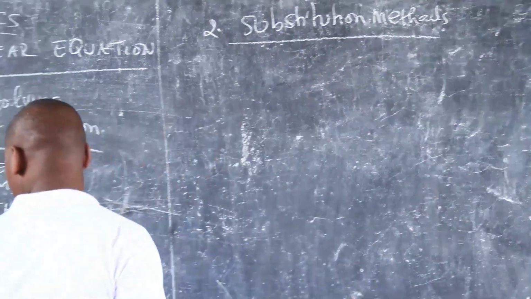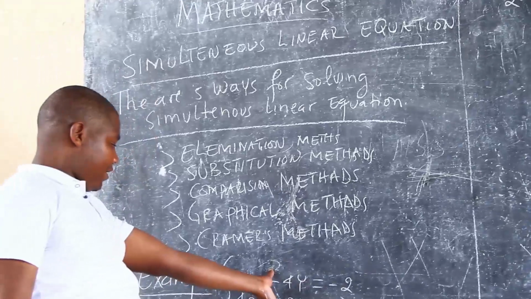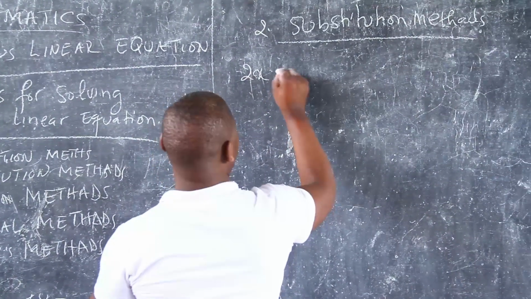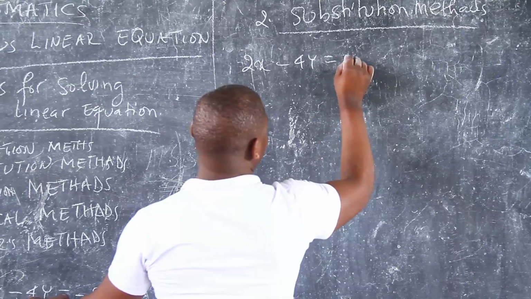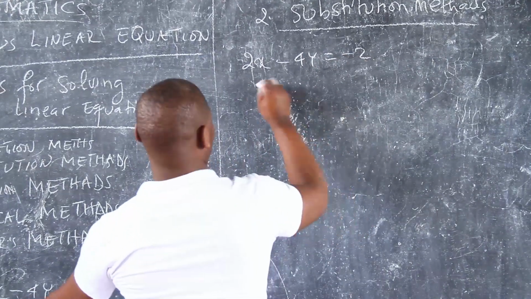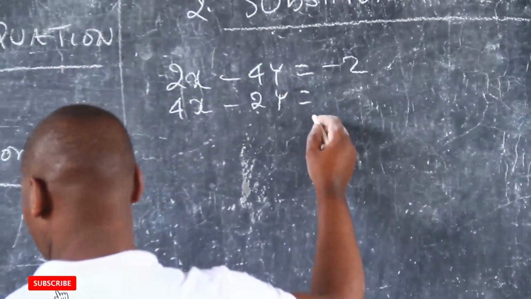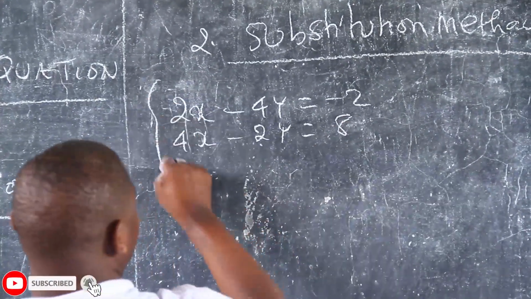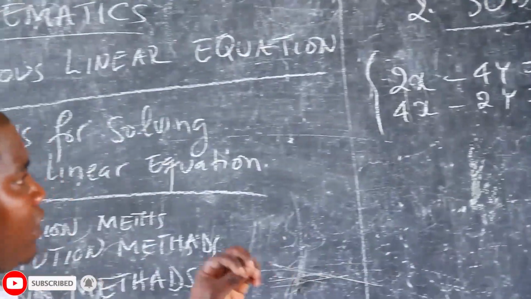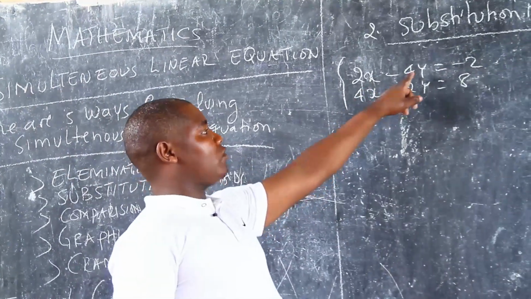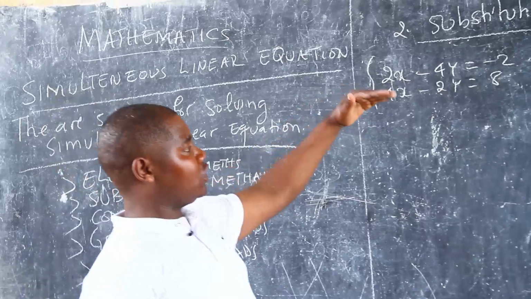Now, as we see, we have here 2x minus 4y equal to negative 2, and 4x minus 2y equal to 8. When I'm going to find the value of x and y, we use the substitution method.